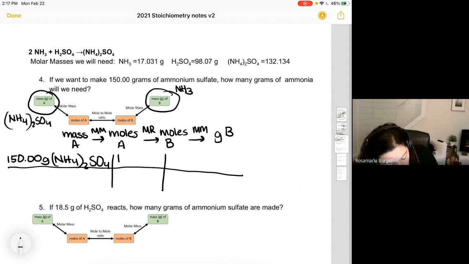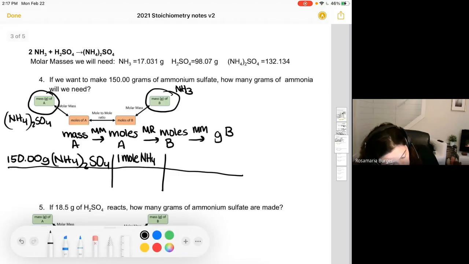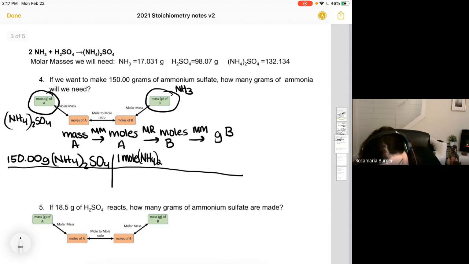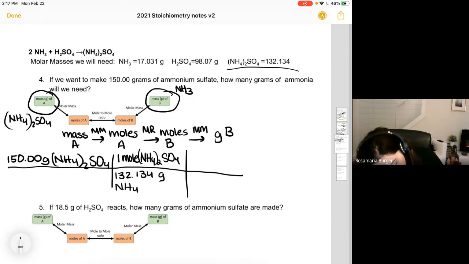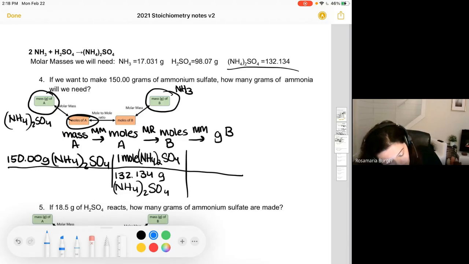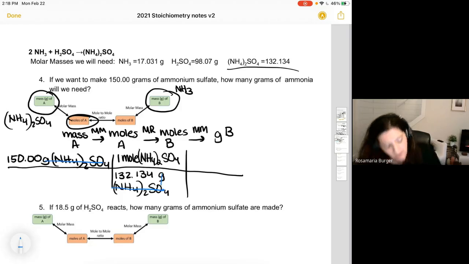Well, in 1 mole of NH4 to SO4, up here is where it tells me it's 132.134 grams of NH4 to SO4. Okay, so now I've gotten myself to moles. Cross off what I... So grams of ammonium sulfate are no longer there. Now we have moles of ammonium sulfate.